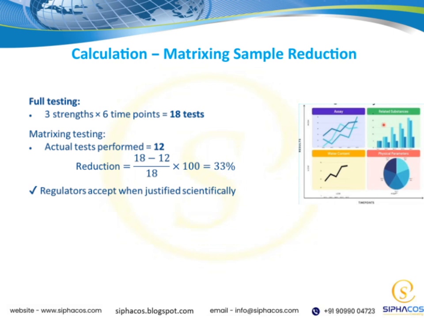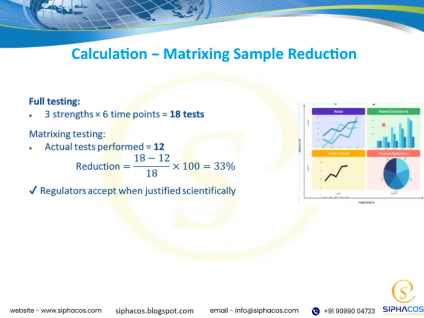Now, let's take a closer look at the calculation process involved in matrixing sample reduction. This step is crucial because it helps us simplify complex data sets while maintaining their essential characteristics. When we talk about matrixing, we're essentially organizing our data into a matrix format, which makes it easier to perform calculations and analyze relationships. Sample reduction, on the other hand, involves reducing the number of samples we analyze without losing significant information.